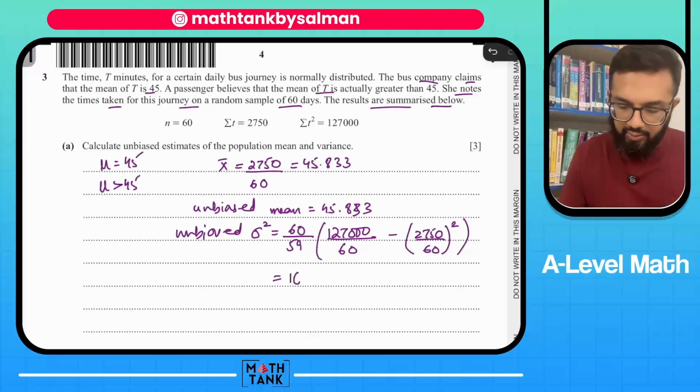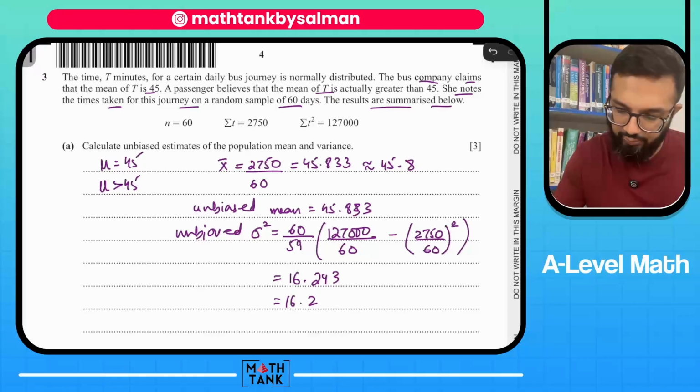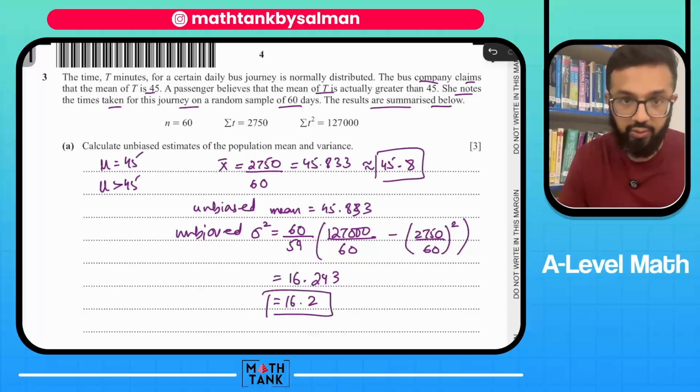So I am getting 16.243. I'm going to round that off to three significant figures, so my answers are 45.8 and 16.2.